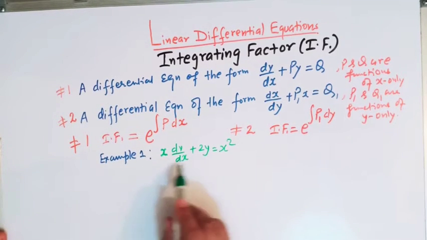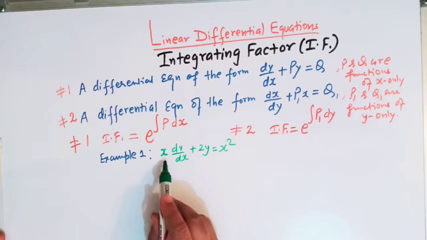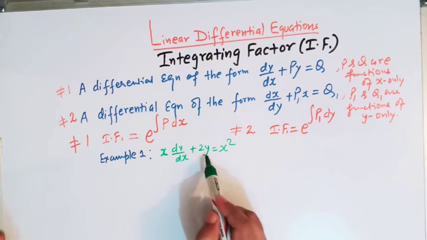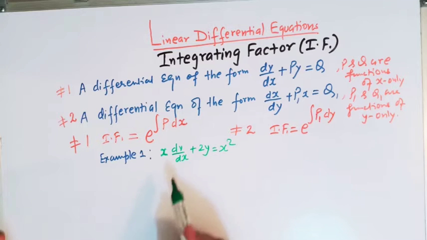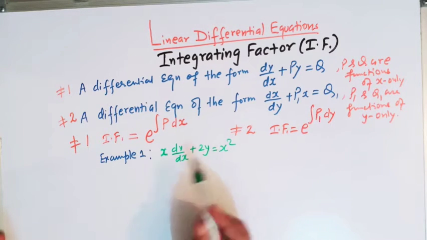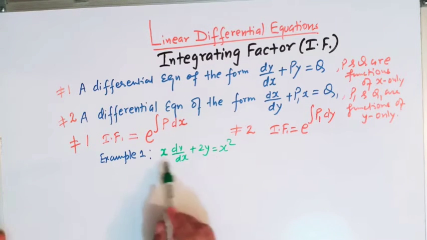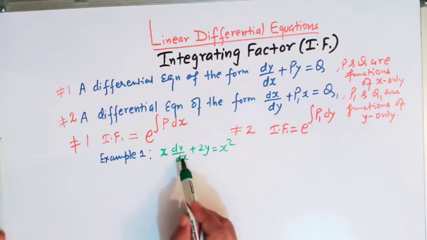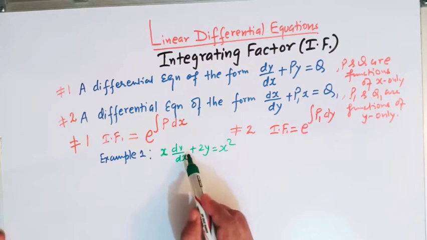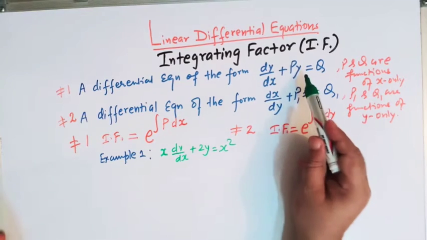Now let us take this problem. Here we have the linear differential equation x dy/dx + 2y = x square. So viewers, here we have to divide both sides by the coefficient of dy/dx in order to reduce this equation to the standard form.